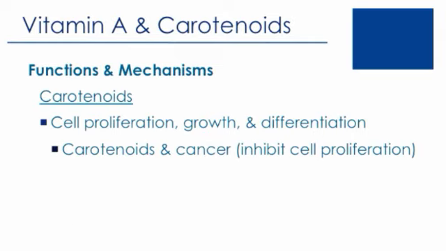One study actually showed an increased risk of lung cancer among smokers in the supplemented group, so the groups supplementing vitamin A and beta carotene. So the study again showed an increased risk of lung cancer in the supplemented group versus a placebo group. Therefore, the Institute of Medicine does not recommend beta carotene supplements for the general population.